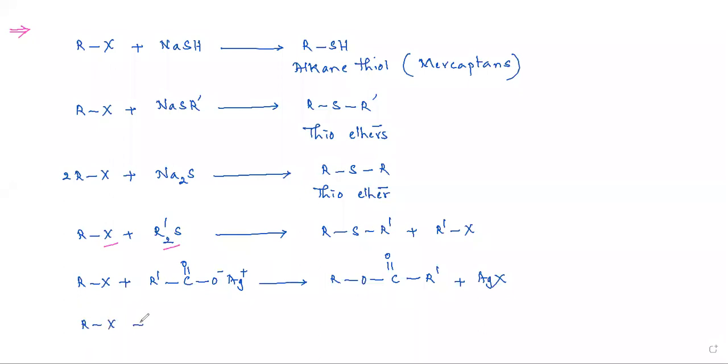Then, see, alkyl halide reacts with sodium azide, Na plus and N3 minus, SN2. We get alkyl azide. Along with this, we get sodium halide. So these are all SN2. I still have some more.